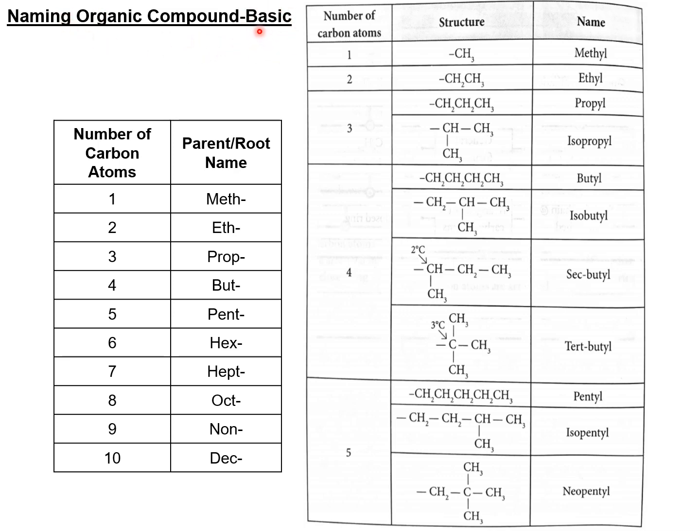Okay, next is about naming organic compounds, but just the basics. Since hydrocarbon is usually the parent when you want to name an organic compound, before you name any organic compound, you look at the parent hydrocarbon. If there is only one carbon atom, then we name the parent as meth.